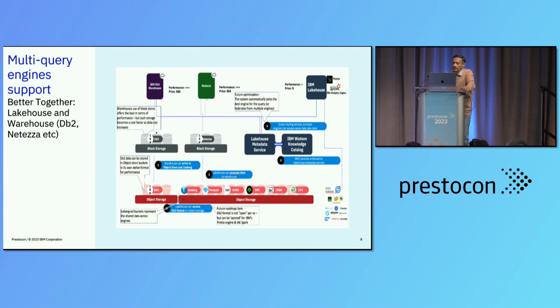So that's the main integration and adoption of Presto in this environment. Other components, I'm not going into much: IBM Watson Knowledge Catalog, Lakehouse metadata services and all that. This is just to show that the multi-query engines can work together well along with Presto in this environment.